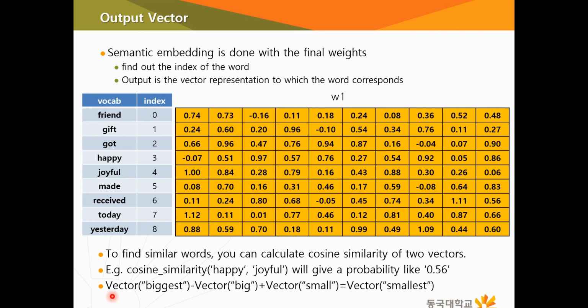Say you want to find a similar word of small in the same sense that the word big is similar to biggest, then you can do it with simple algebraic operations: vector biggest minus vector big plus vector small returns vector smallest on a well-trained Word2Vec.